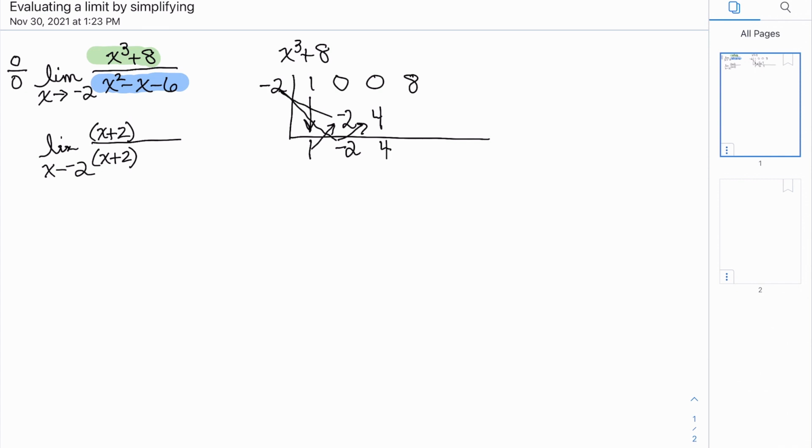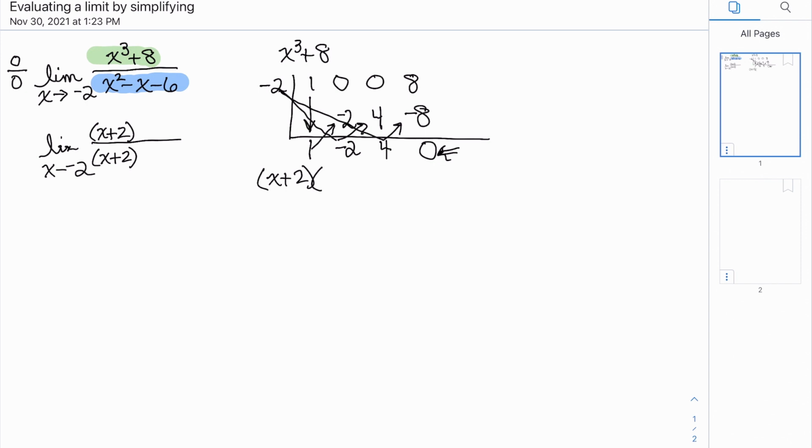And then we multiply. -2 times 4 gives me -8, and then we add. 8 plus -8 is 0. And we knew we were going to get that 0 because -2 run through the polynomial gave me a 0 out.